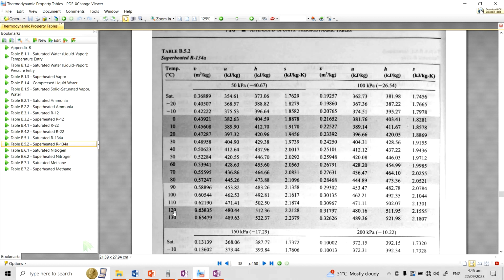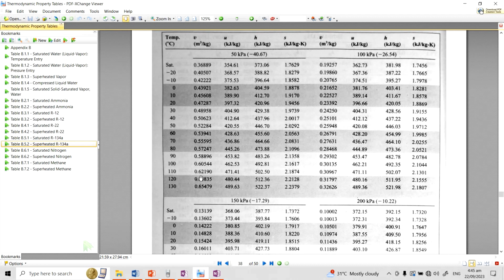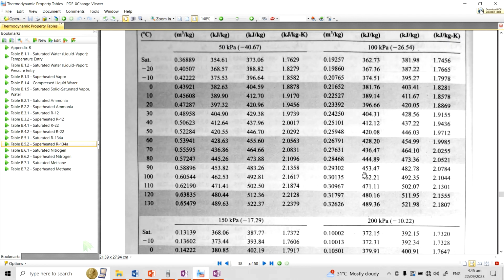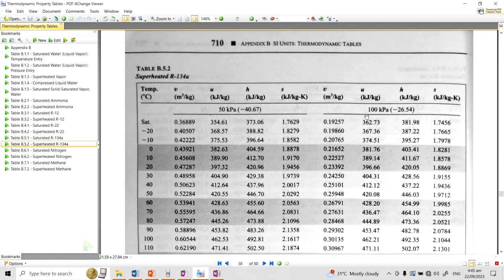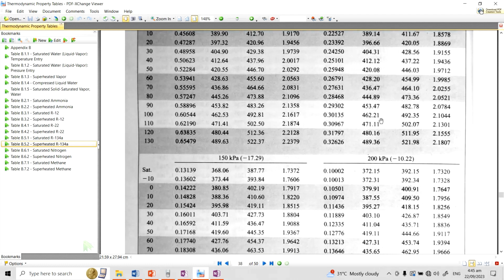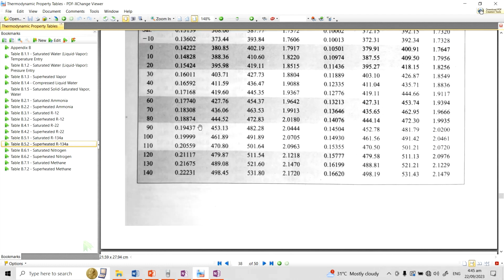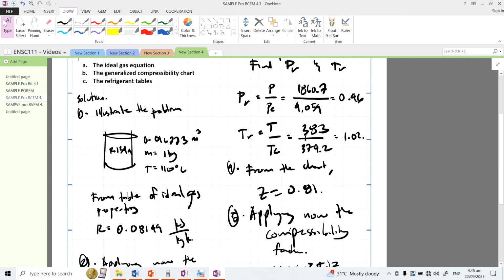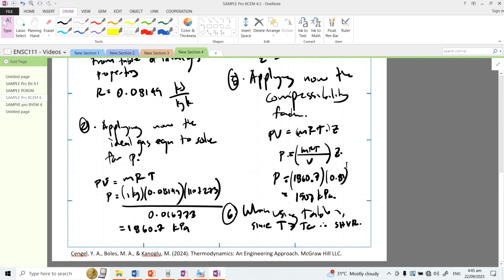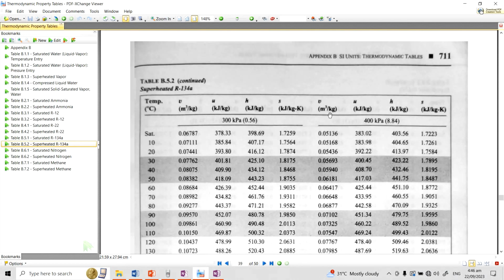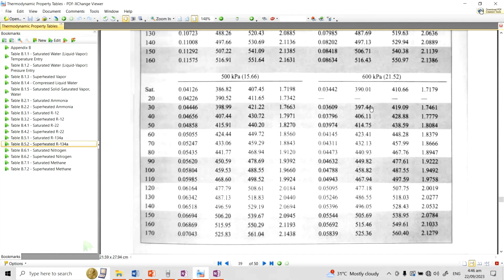The volume at 110 here is 0.6, so that's not what we're looking for. Here the volume again is not. You can see here 50 kPa, 100 kPa, 150, 200, and check the volume. Since what we computed is a pressure around 1500 kPa, more or less we are in that pressure range.